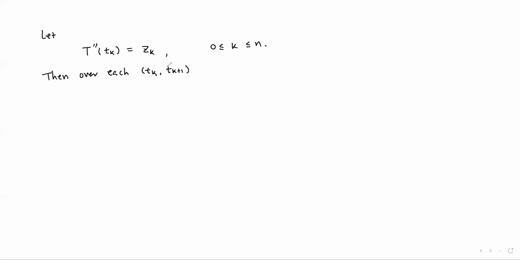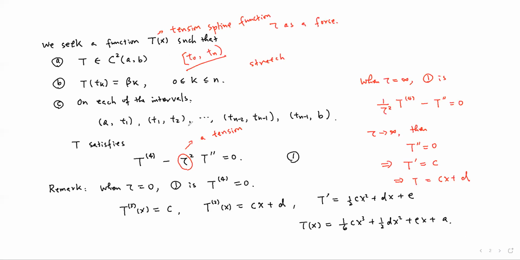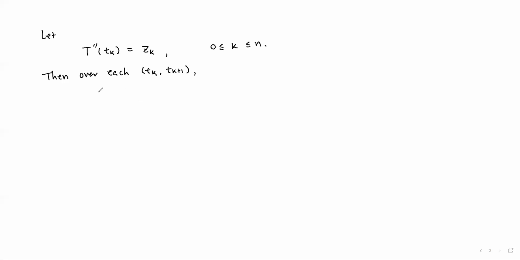Yeah, over each interval, by definition of T, T satisfies this differential equation. The differential equation is T second derivative minus tau square T equals 0.